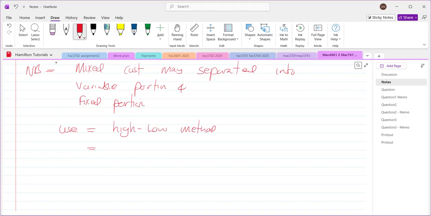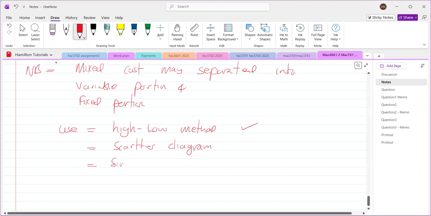There is another method, but this is the one that we use at this level most of the time. We have what we call the scatter diagram. We have simple regression analysis.